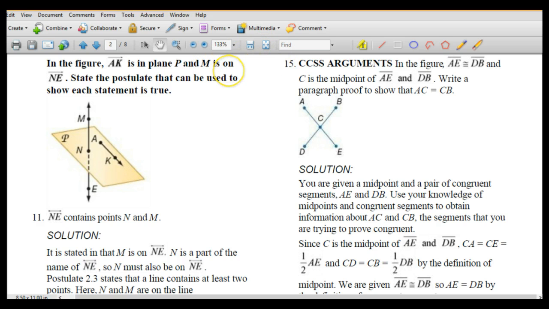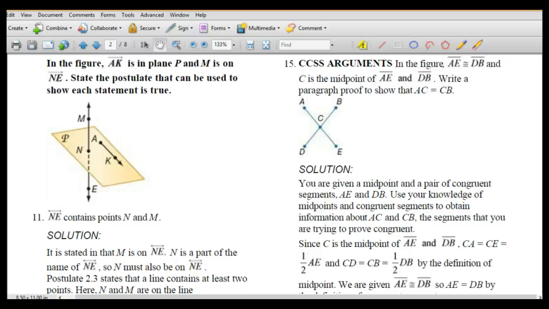So this takes us into a new realm of geometry called proof. So a couple of definitions here. First of all, to prove a conjecture, you use deductive reasoning to move from a hypothesis to the conclusion of the conjecture you are trying to prove.